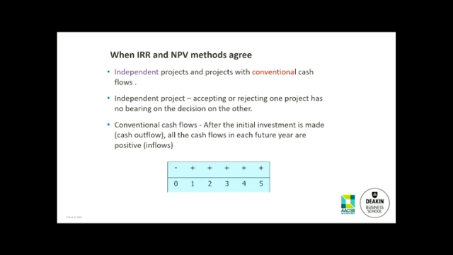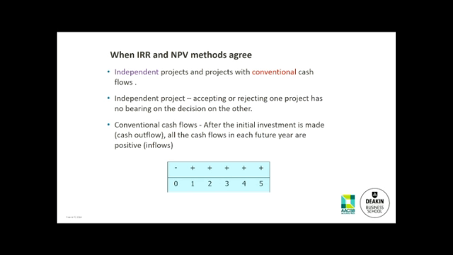If you only consider individual projects without comparing them, you just make decisions for individual projects: positive NPV accepted, discount rate lower than IRR accepted. Both cases will lead to the same conclusion. I said most of the cases, not 100%. I will explain to you why, okay? However, you have to make sure that the cash flows are conventional cash flows.